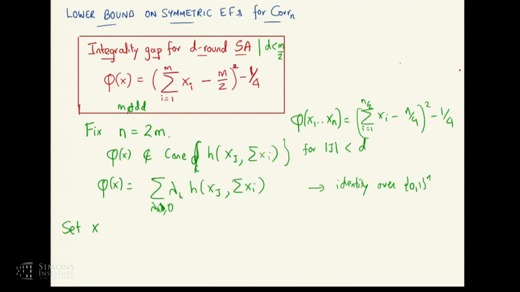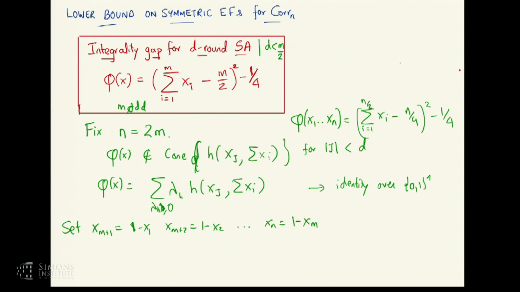So you set x_{m+1} equal to 1 minus x1, x_{m+2} equal to 1 minus x2, x_n equal to 1 minus xm. Okay. Just the second half is the complement of the first half.